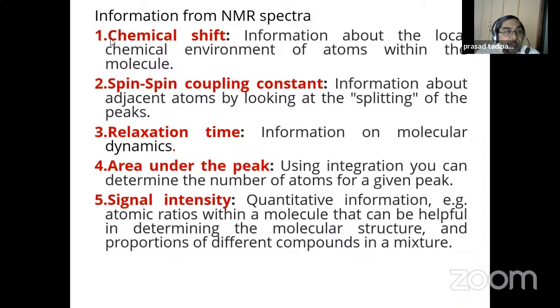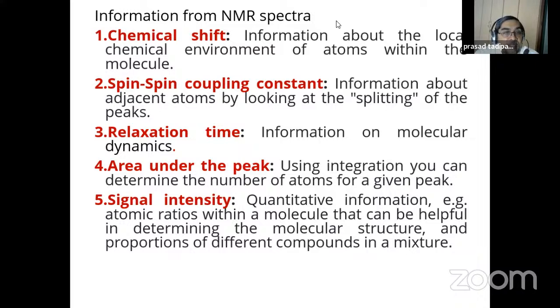From that, we can calculate the chemical shift and estimate whether it is CH3 or CH2 associated with the molecule. And the spin-spin coupling constant also gives information about adjacent atoms. Here it looks further at the adjacent atoms and the splitting of the peaks. By splitting of that peak, you can identify what the adjacent atoms are.